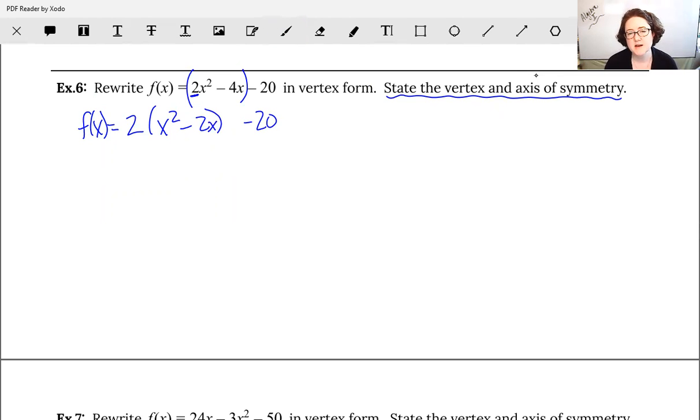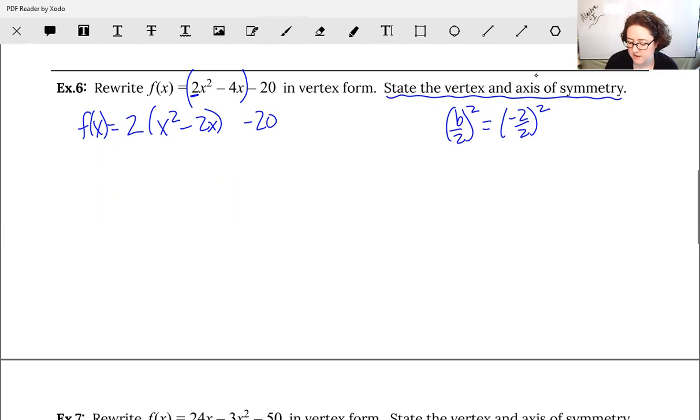Now that we have the x squared by itself, now it's time to do that b over 2 squared. Now that we factored out that 2 from the a value, our b is now a -2.